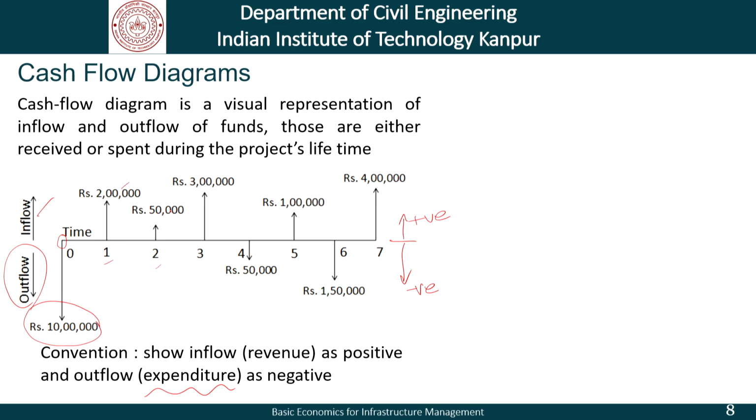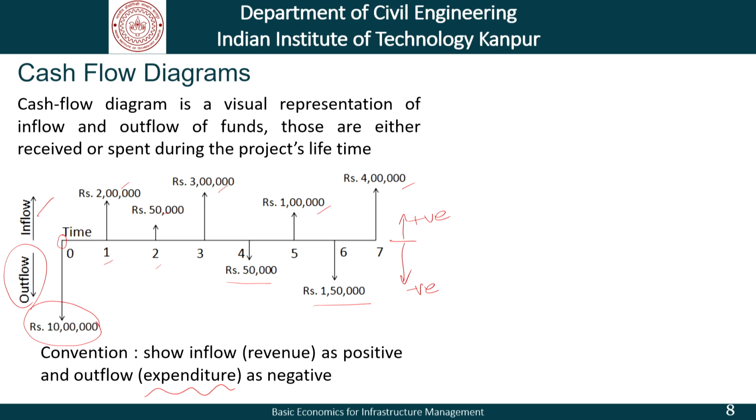At the end of 2 years, you get 3 lakhs here. You spend some money again, 50,000, and 1.5 lakhs here. In years 4 and 6, you earn something here, you earn something here. Now, if this was known to us, the question will be, is this investment advisable? That's a simple question that we need to answer.